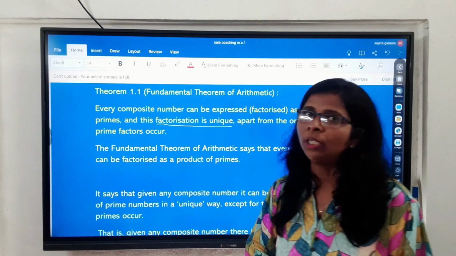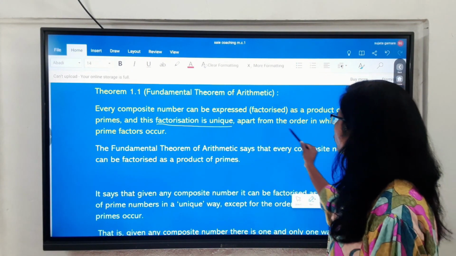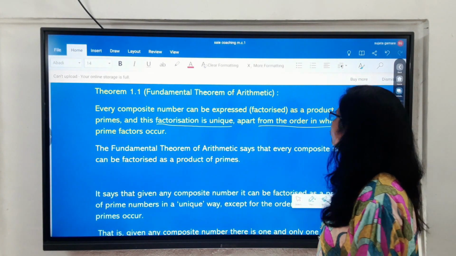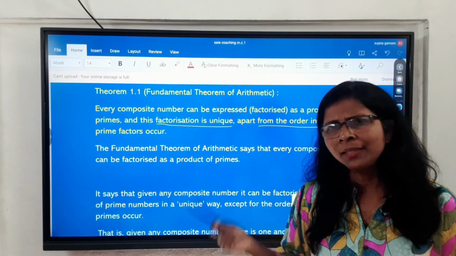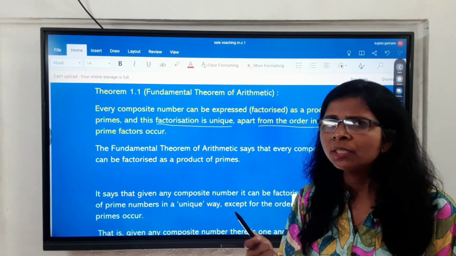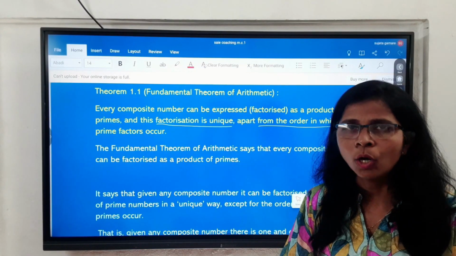So this is the unique way. So now here, do not worry about that order while factorizing this biggest number, do not worry about their order.